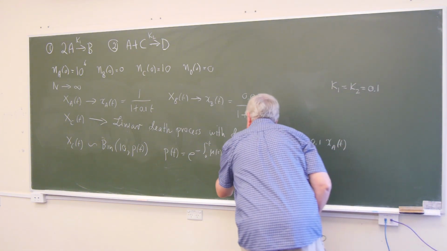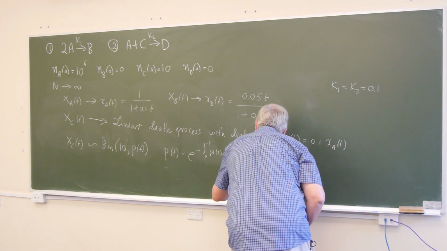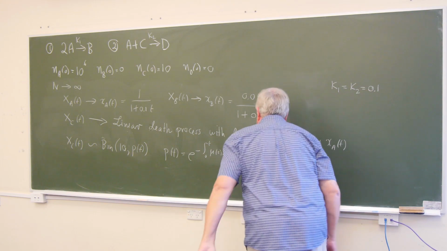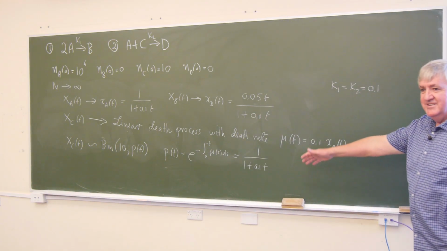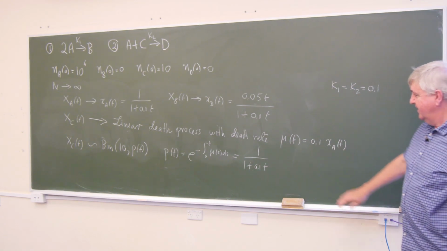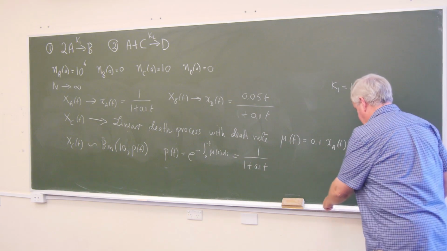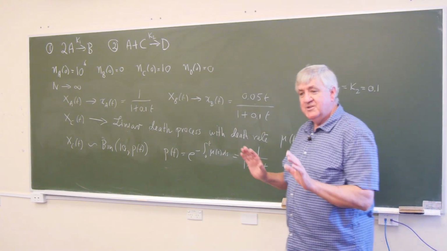If you do the calculation, you get 1 over 1 plus 0.1 t. It's xA, but that's by the by. So I can write down the mean and the variance, etc. So that's it for the first part.